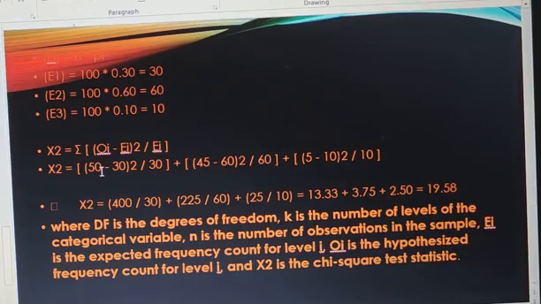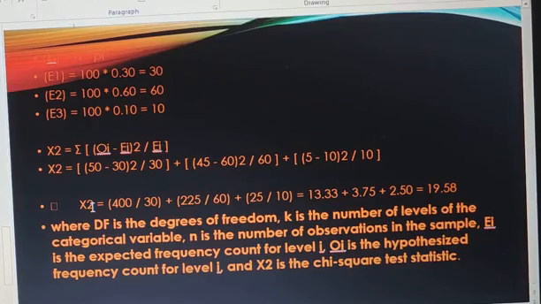Chi2 equals (50 minus 30) squared over 30 plus (45 minus 60) squared over 60 plus (5 minus 10) squared over 10. Chi2 equals 400/30 plus 225/60 plus 25/10 equals 13.33 plus 3.75 plus 2.50 equals 19.58.